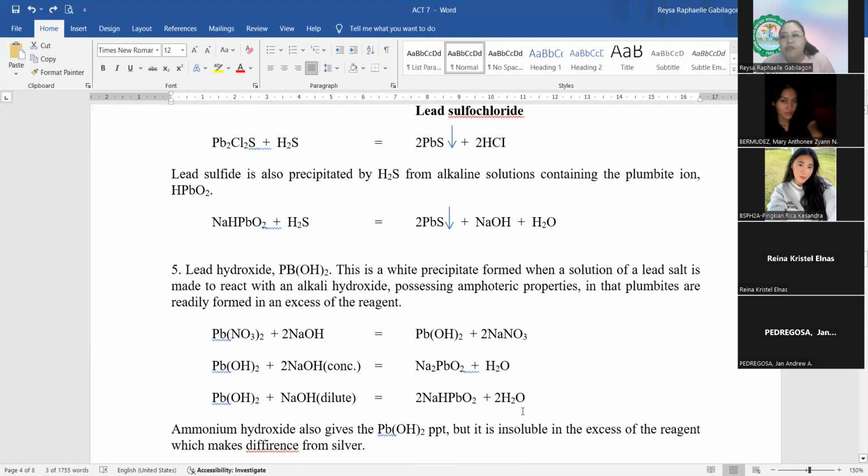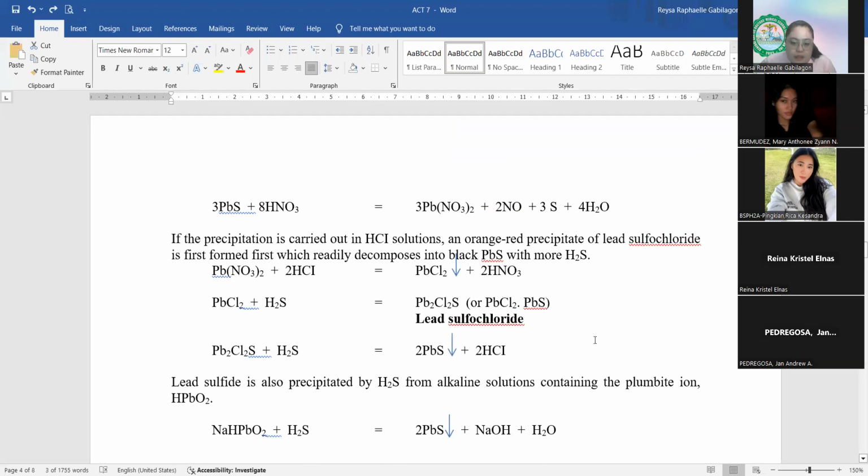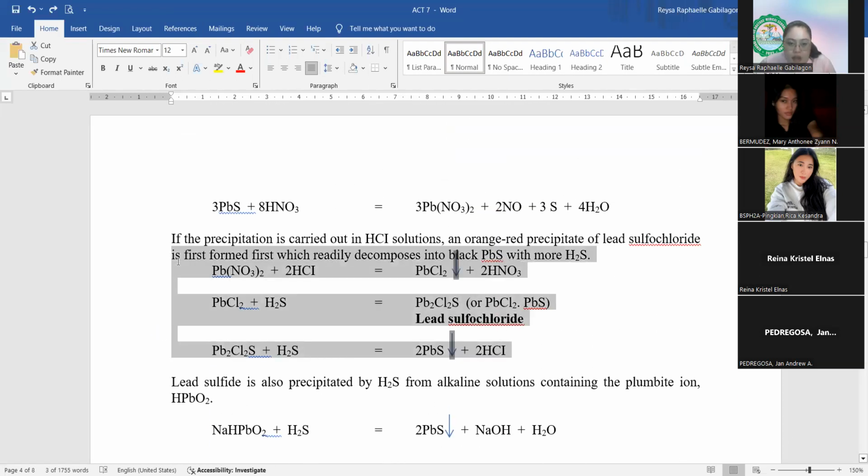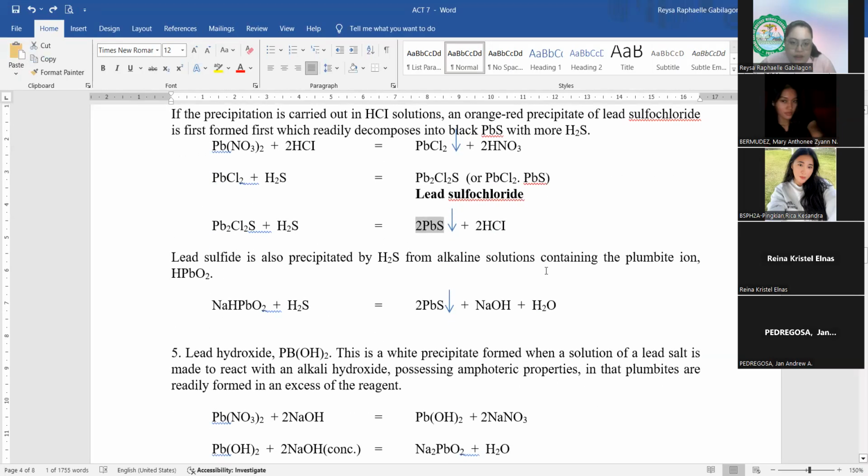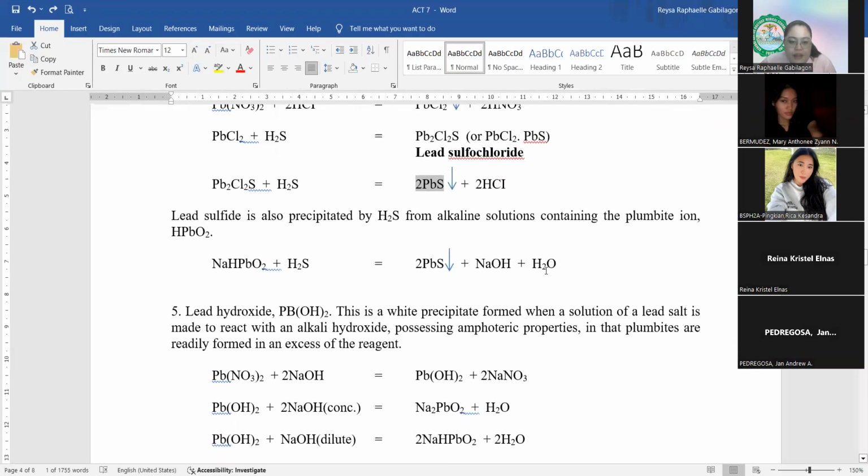Okay? Maraming steps na ginagawa sa laboratory para lang makaproduce ka ng certain chemical. So, iba-iba yung process. This is another process. Mahabang step siya kasi we will start with the HCl before we'll get this one. Okay? The final product is the lead sulfide. Okay? So, si lead sulfide can also be formed in the laboratory using another chemical naman.